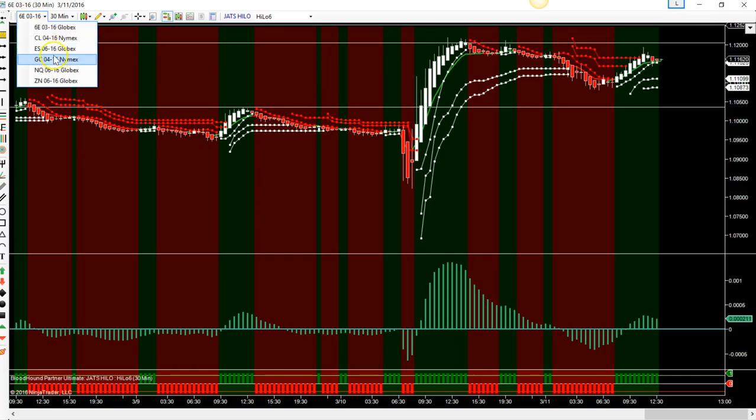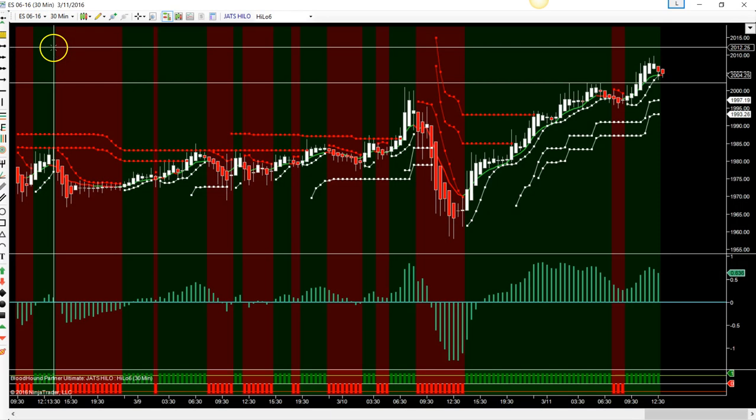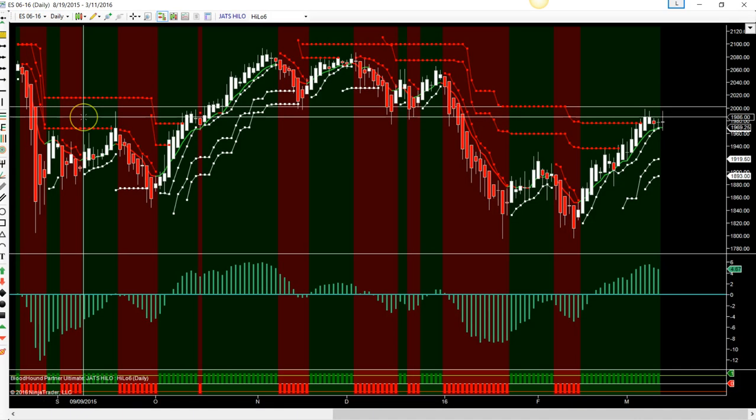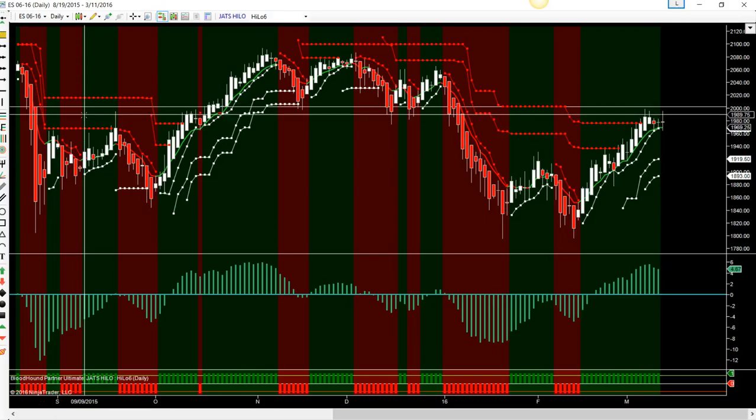For our E-mini, I think that the safest thing next week for us to do is sit on the sidelines, because there ain't no telling what they're doing right now with the interest rates and how the markets are going to react. What I can tell you fundamentally is that the markets are overbought.